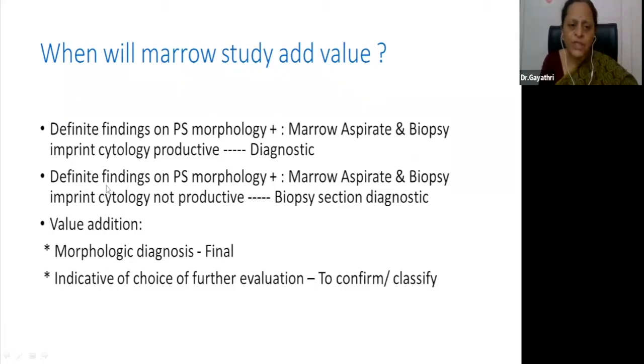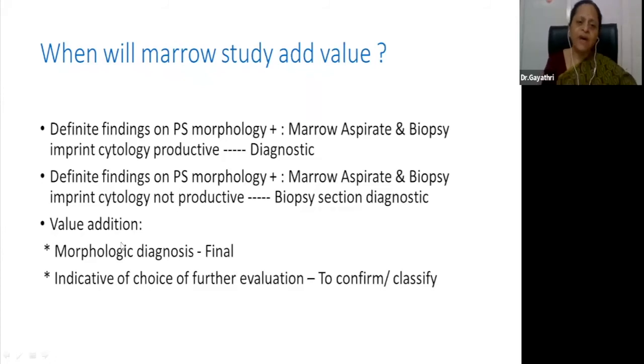There can be situations where there are definite findings on the peripheral smear, but the marrow aspiration and biopsy are either non-diagnostic or not productive. It is a dry tap and the imprints have not yielded enough cellular foci for you to come to a conclusion. Then you must depend on the biopsy histology, on this section, and plan to do additional stains on them.